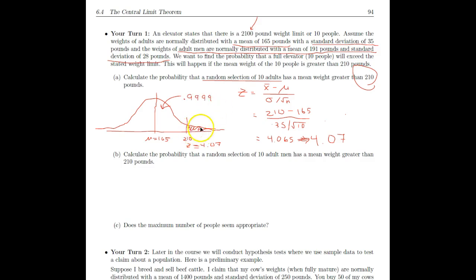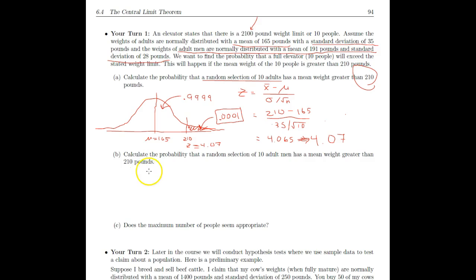So the probability to the right of this, which is what we're after, is a probability of 0.0001. So that is the probability of this shaded region over here. Okay? Cool. All right, let's move on to the second example.